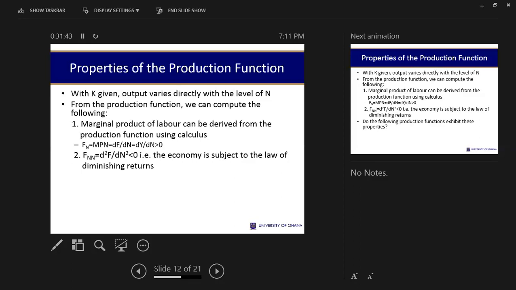But whenever you have a direct relationship between two variables, like labor and output, I'm sure even from SHS you were told of the law of diminishing marginal returns. What this means is that if you keep on adding labor to a fixed input, then the marginal product of labor will initially increase, it will get to a maximum and then diminish or fall.